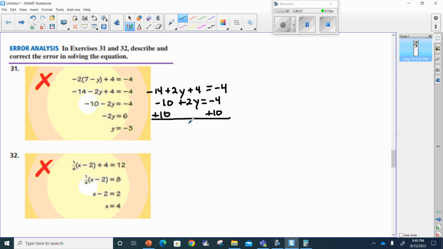And this will give me 2y is equal to, well, 10 minus 4 is 6. When I divide y by 2, I get y by itself, but then I have to divide 6 by 2, which gives me positive 3. So the answer should have been positive 3 and not negative 3.